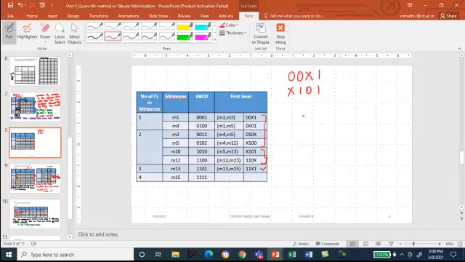Again, let me combine 00x1 with what? 110x, which is nothing but this combination, 110x. Okay. So see here there is a change, more than 1 bit change. So this combination is not possible.